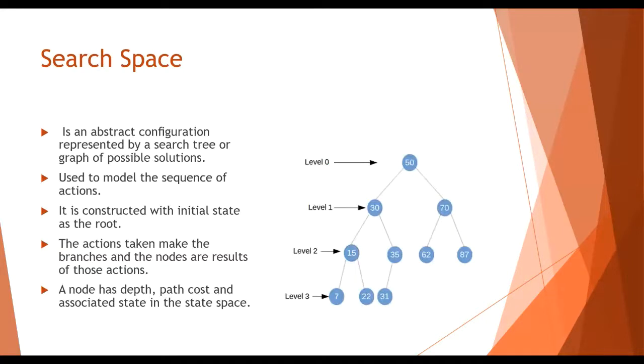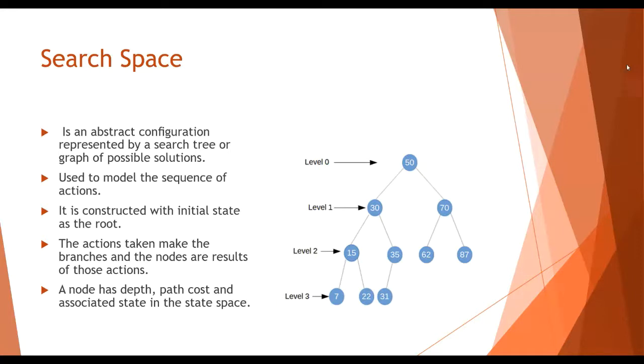In searching, definitely we need to have a space wherein we could look for that artifact. We call it a search space. It could be represented by a tree or a graph. We all know what a tree is. It is composed of nodes and branches.